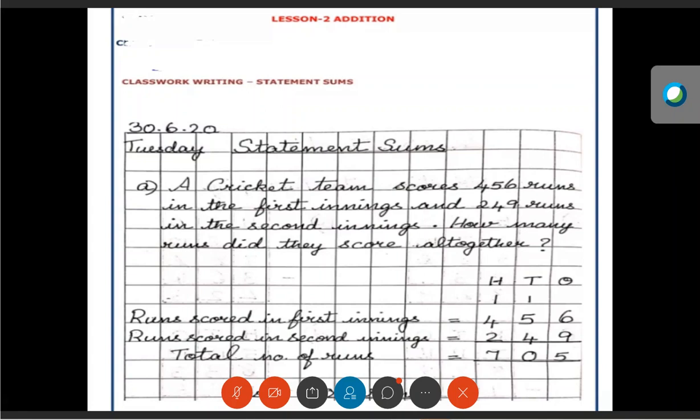We are running out of time. So, plus sign, addition. If it is all together, it is addition. Then finally, you have to do the sum and write the answer at last in a sentence. So answer is equal to 705 runs. The total runs you have to write. Yes. Next sum.